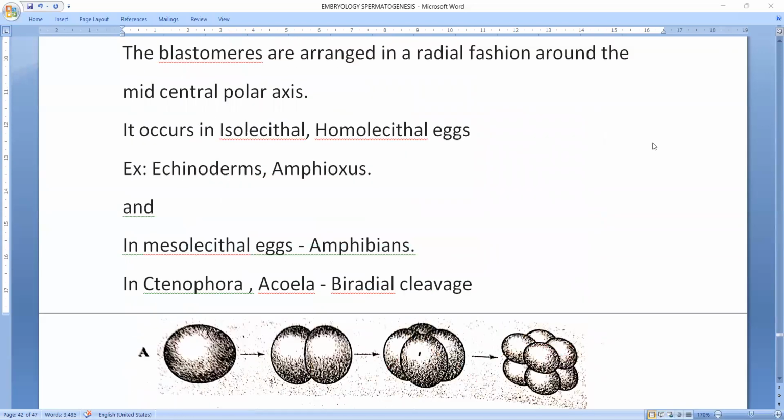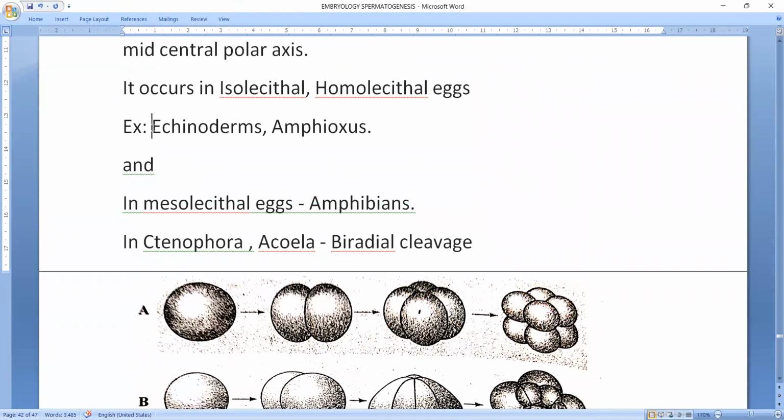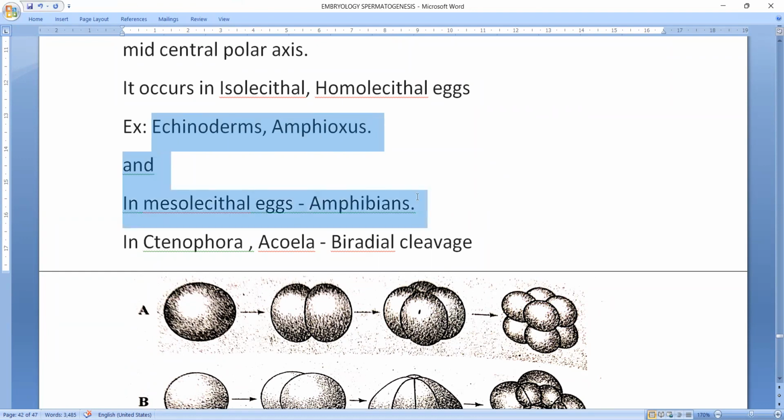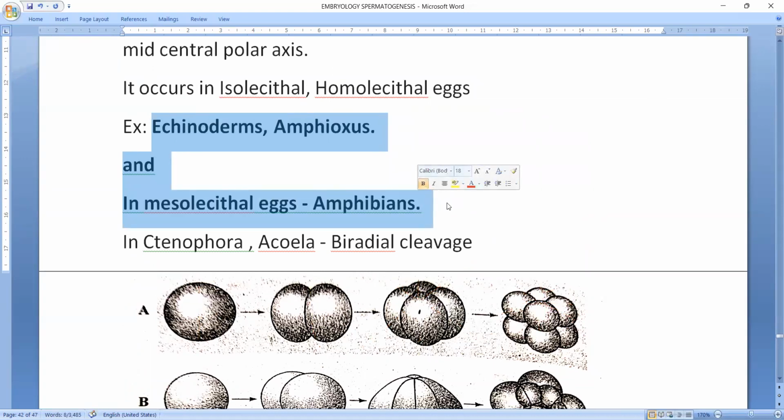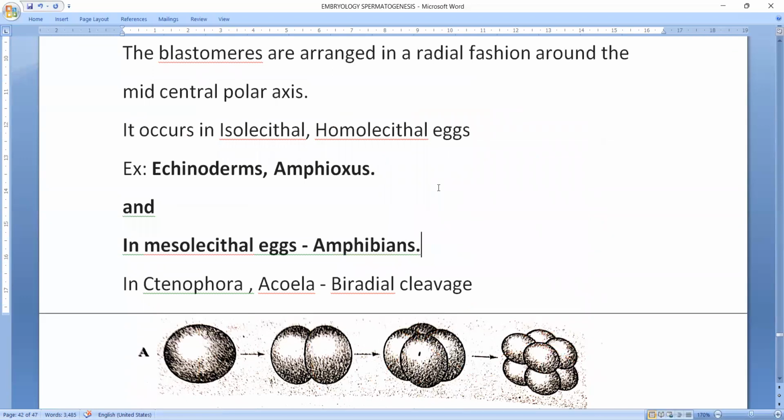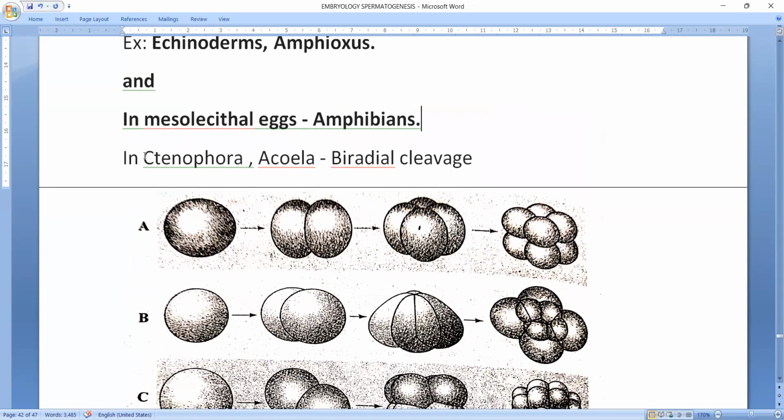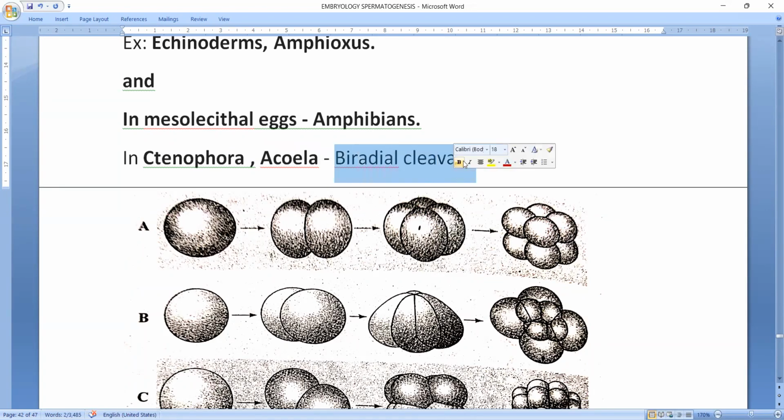Examples are echinoderms and amphioxus, and in mesolecithal eggs like amphibians. In Ctenophora and Acoela, which are minor phyla, the cleavage is biradial, which means we can cut into two equal halves only in 2 directions.